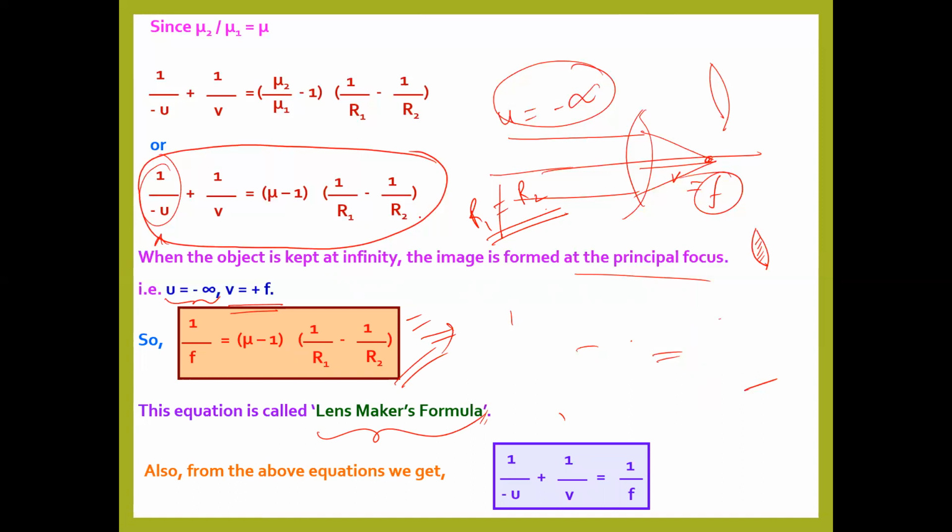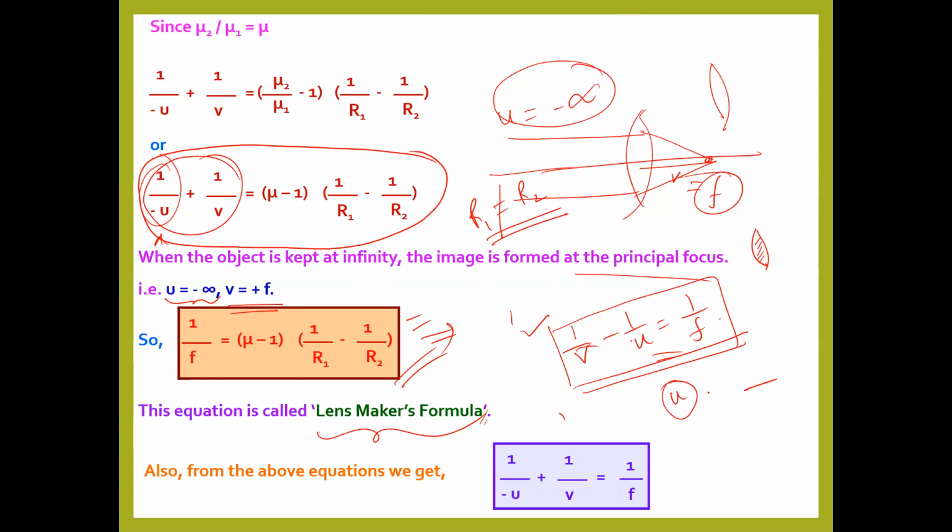And also from that equation we can write 1 by v minus 1 by u equals 1 by f. This equation may also be used, because if the object distance is known and the focal length of the lens is known, you can find out the position of the image and the nature of the image using these equations. So these two equations are very important.